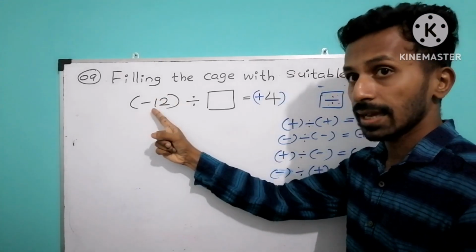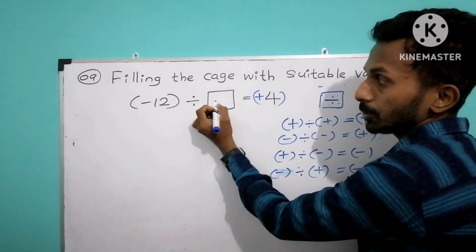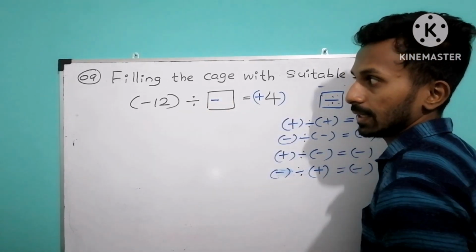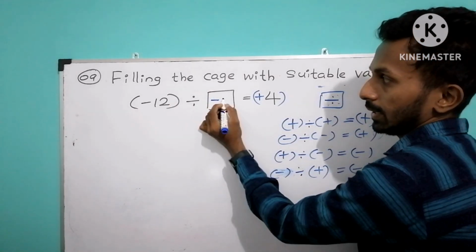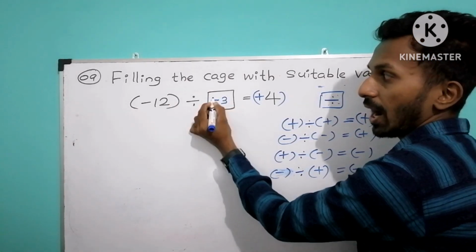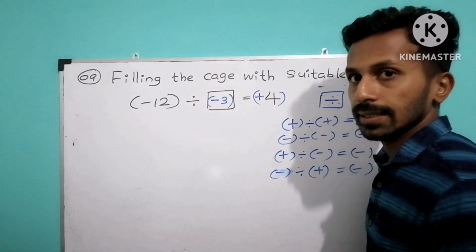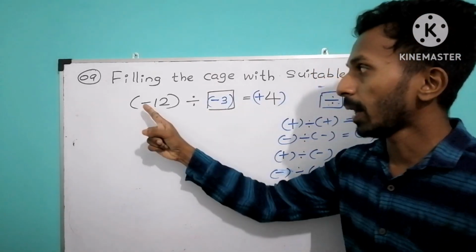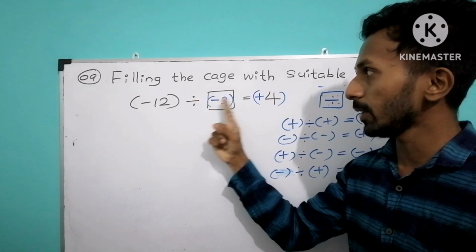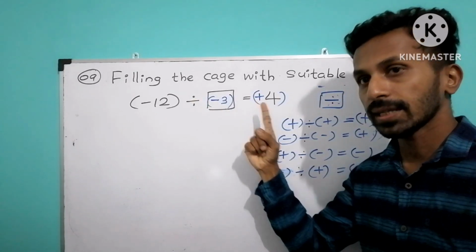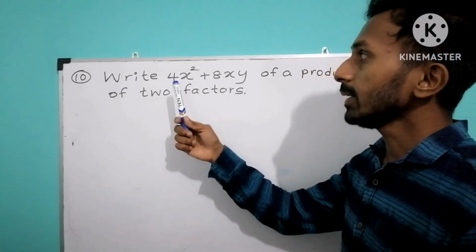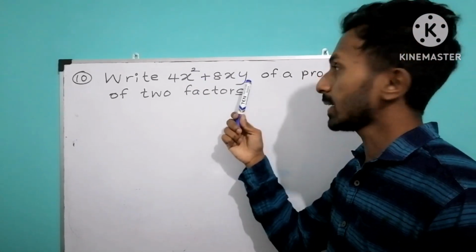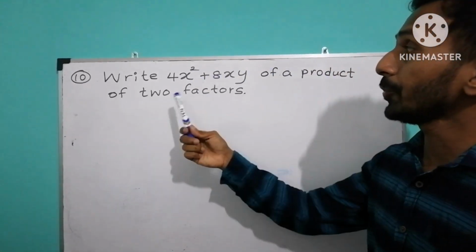Therefore here minus, and here we want to put minus. Then how can we take 4? 12 divided by 3. Now your answer is minus 3. Here minus value divided by minus value, the sign is plus. Your 10th question. Write 4x square plus 8xy as a product of two factors.